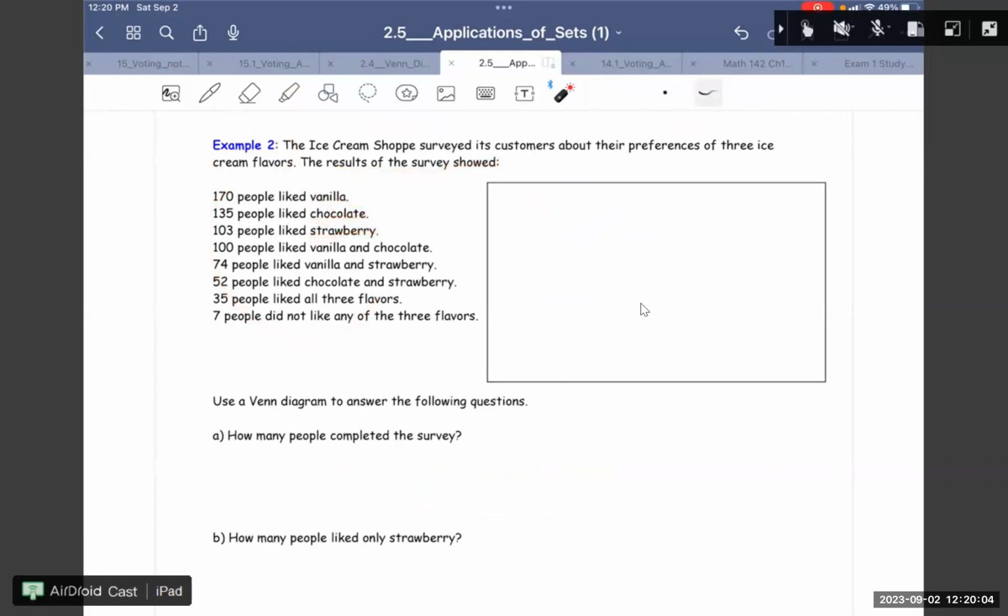So we have to draw the diagram for this. They say there are three flavors, so we know we have to draw the intersection of three circles.